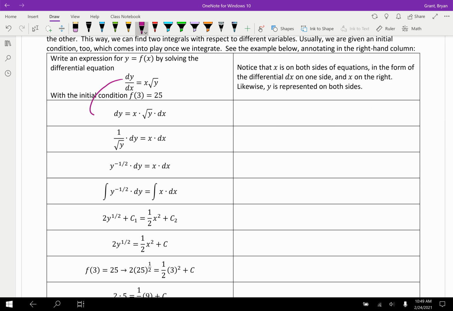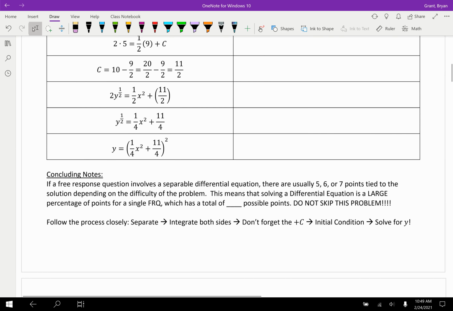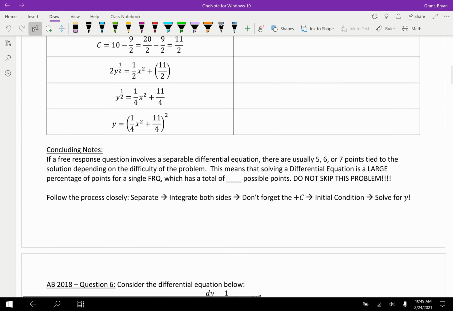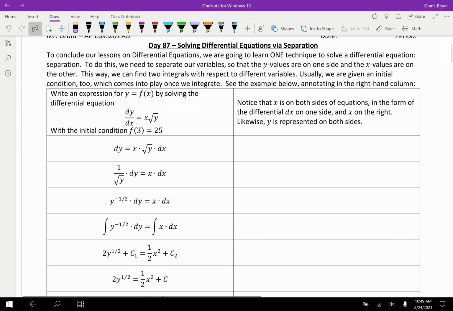How did I go from here to here and then here and so on and so forth? If you get stuck, you can always unpause and I'll go through it with you. But if you feel pretty confident after this, then skip this section and we can move on to the end of this where we'll do a little conclusion and then you're on to your practice. That's how quick our notes are for today. So go ahead and pause me and we'll see what you can do.